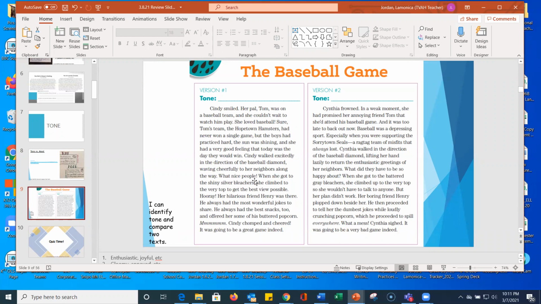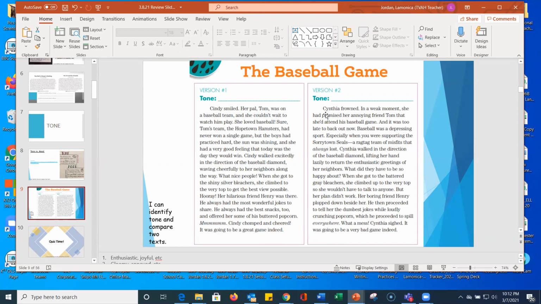What nice people. When she got to the shiny silver bleachers, she climbed to the very top to get the best view possible. Hooray! Her hilarious friend Henry was there. He always had the most wonderful jokes to share. He always had the best snacks, too, and offered her some of his buttery popcorn. Cindy chomped and cheered. It was going to be a great game indeed.